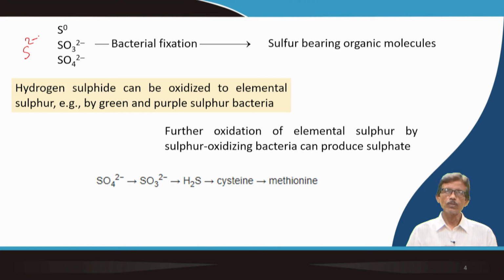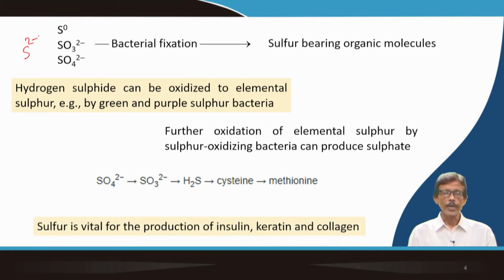Then whether these species can be available to us for giving the very useful amino acids cysteine or methionine. Methionine has only an S-methyl function, but cysteine residues are available to us, and we can use them to get very useful molecules like insulin, keratin and collagen. So, the introduction of sulfur in very different forms is important.